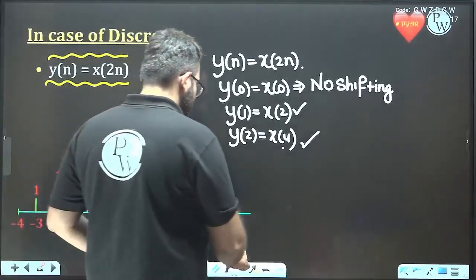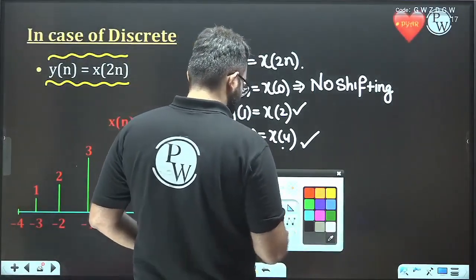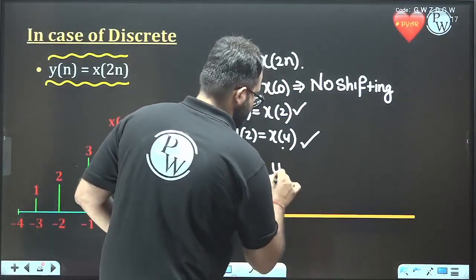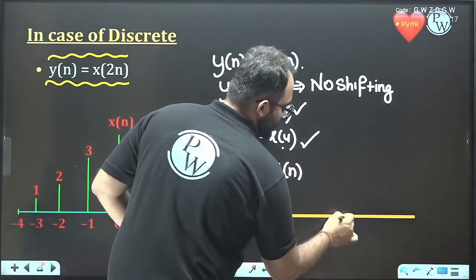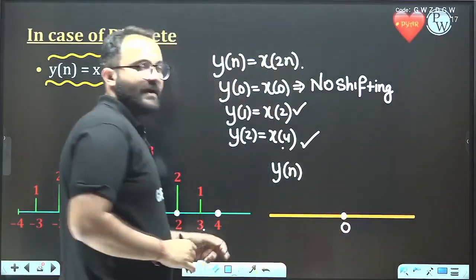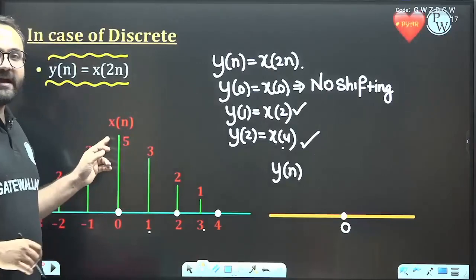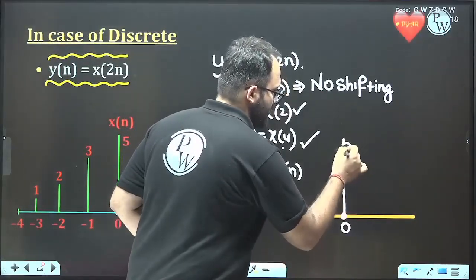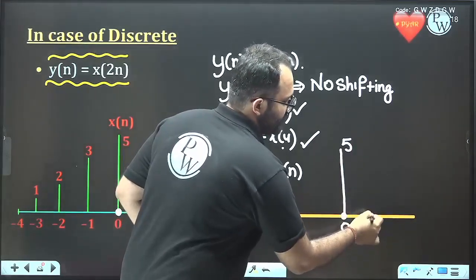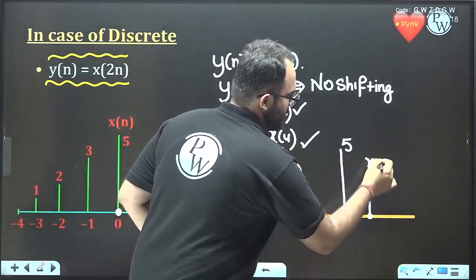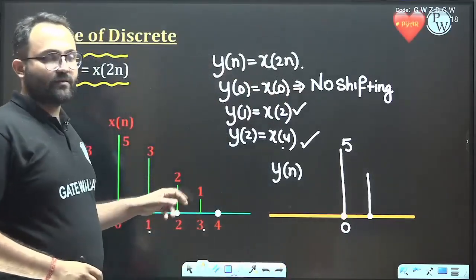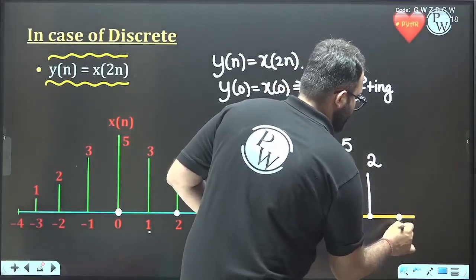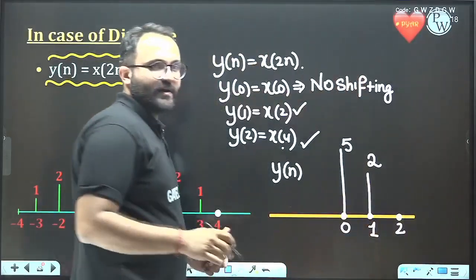So we can see that if we look at yn, at 0, yn is equal to x of 0, that is 5. Now y1 is equal to x of 2, which is 2. y2 is equal to x of 4.